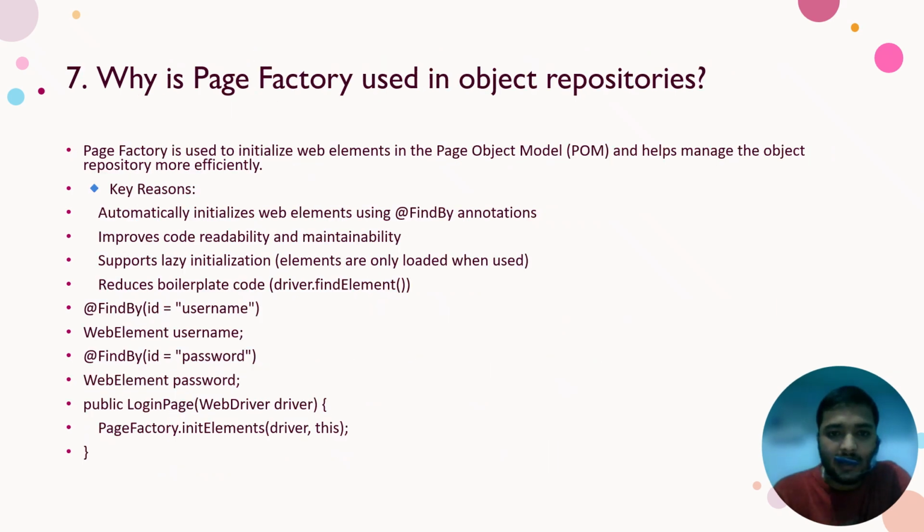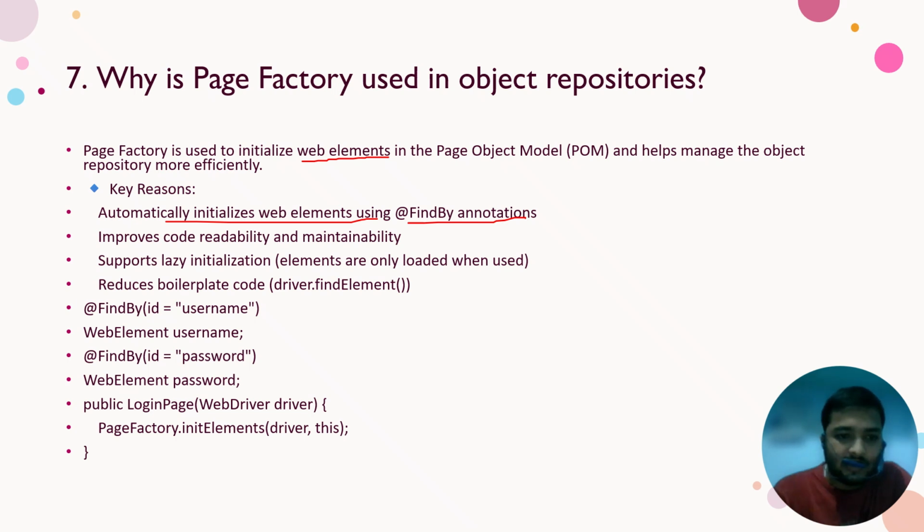Why is Page Factory used in an object repository? Page Factory is used to initialize web elements in the page object model and helps manage the object repository more efficiently. Key reasons: it automatically initializes web elements using the FindBy annotation, improves code readability and maintainability, and supports lazy initialization, where an element is only loaded when it is used.